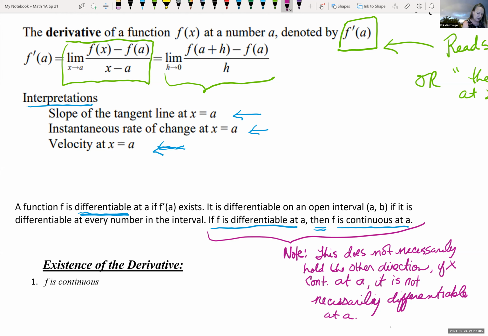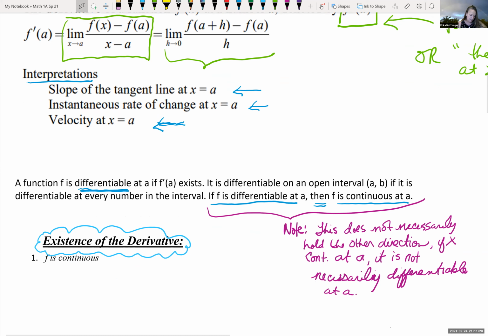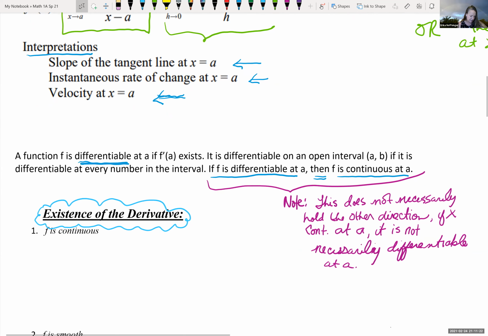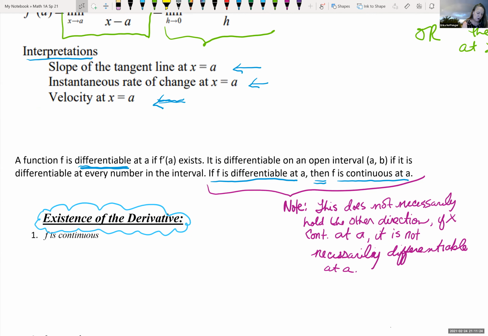Okay, so the following conditions have to hold in order for a function to have a derivative at a particular value. So first of all, f has to be continuous. So this is kind of a good review of last chapter. So a function is continuous.